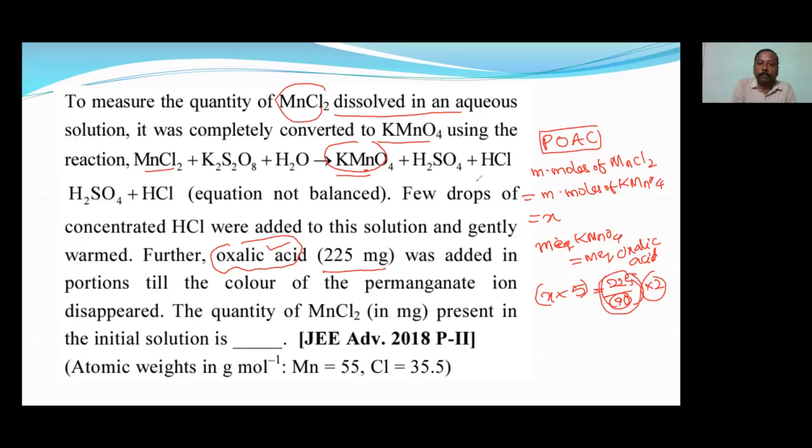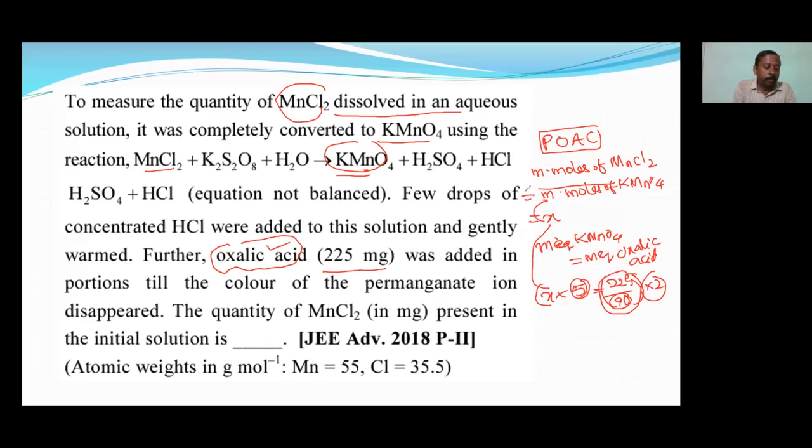And how will you find out KMnO4? Simple, the KMnO4 equivalent factor will be 5. Millimoles of MnCl2 is the quantity of MnCl2 present in the initial solution. So from this, if you find X, X will be the millimoles of KMnO4.